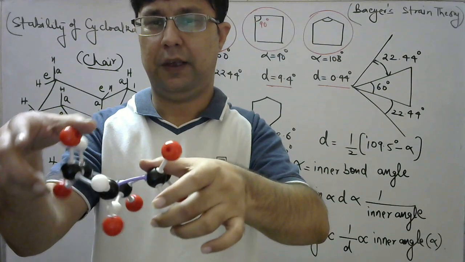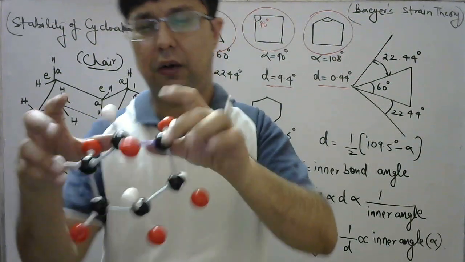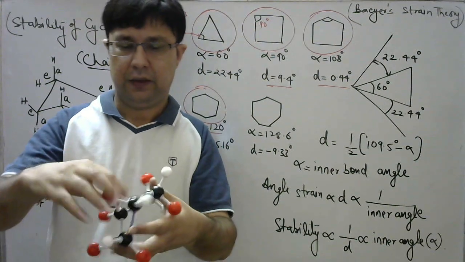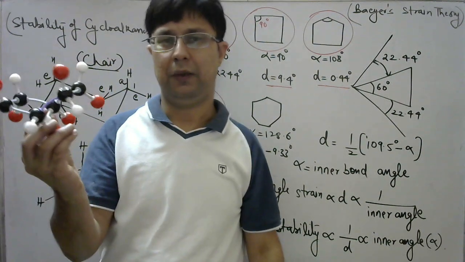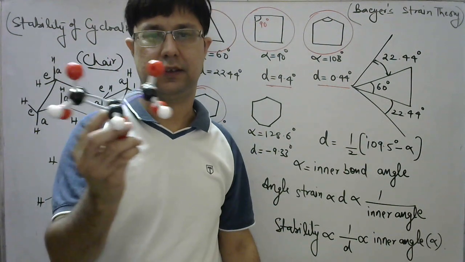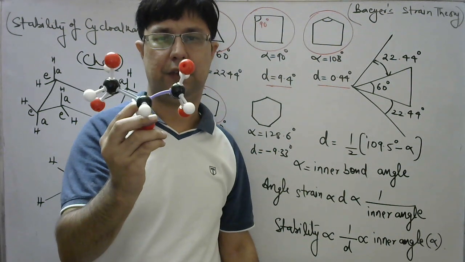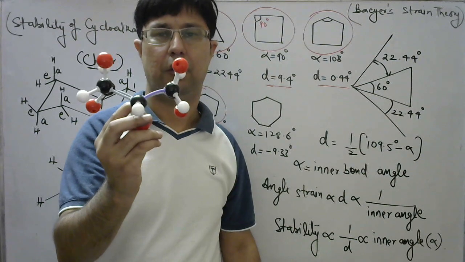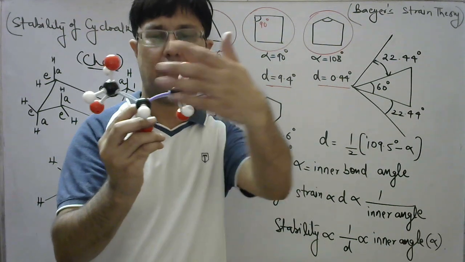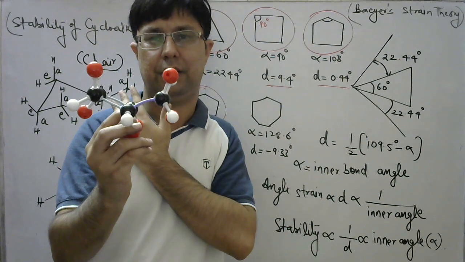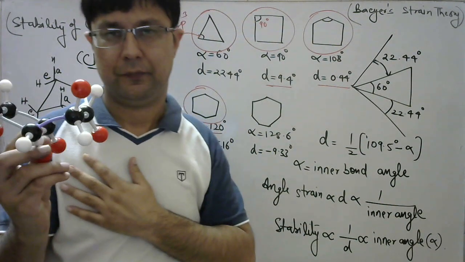So in cyclohexane, we say that this form, as far as the Newman projection is concerned, is said to be what kind of form? It is said to be the eclipsed form of cyclohexane. The front atoms are eclipsing the atoms which are present behind them.